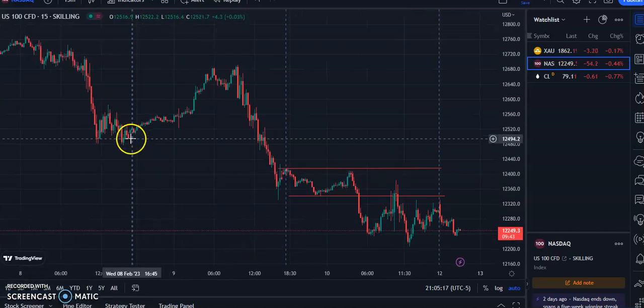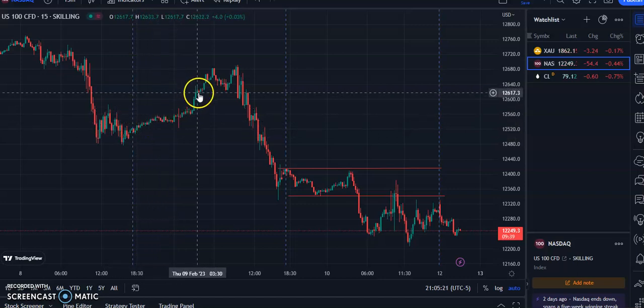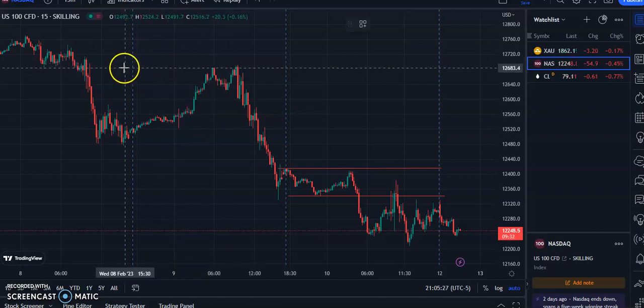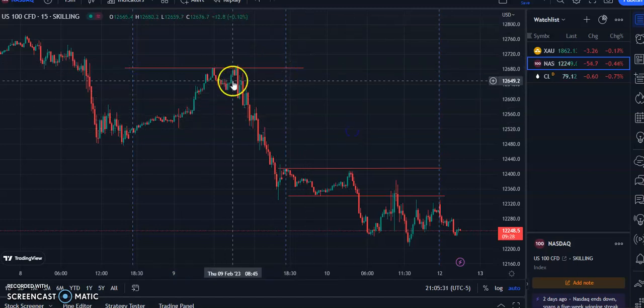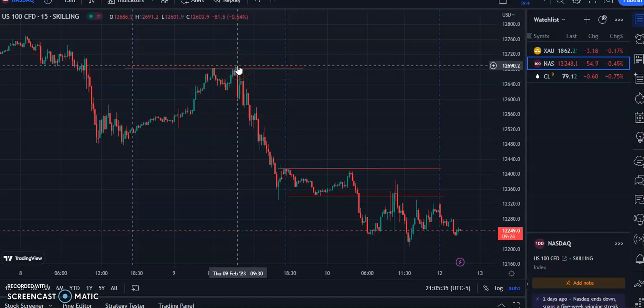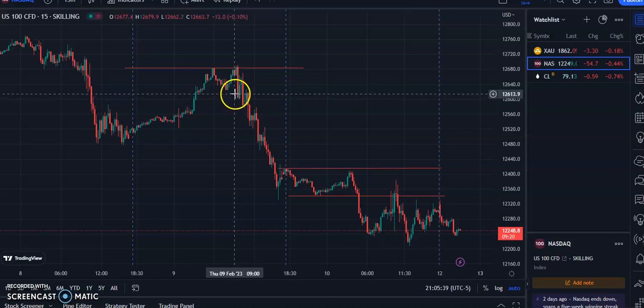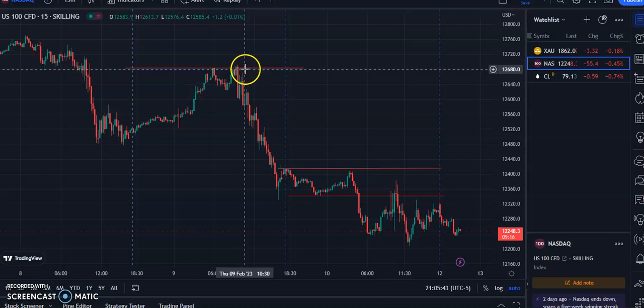Look at this setup. They come higher using the elevator or using the stairs, and then at the high of the day they pin, then they break structure, and then they retest and give us an engulfment.